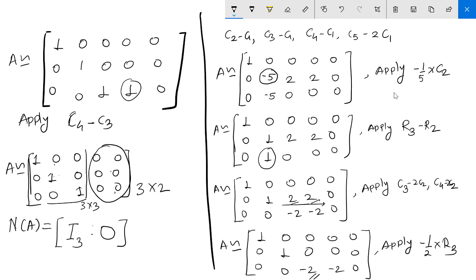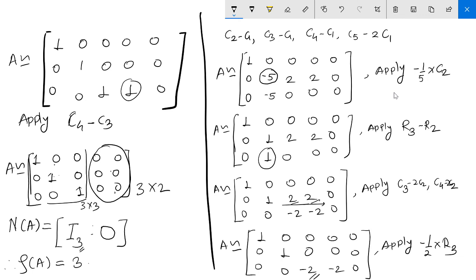This is the normal form of our matrix, and remember, the size of the identity matrix in the normal form is the rank of the matrix. Therefore, rank of A equals 3.